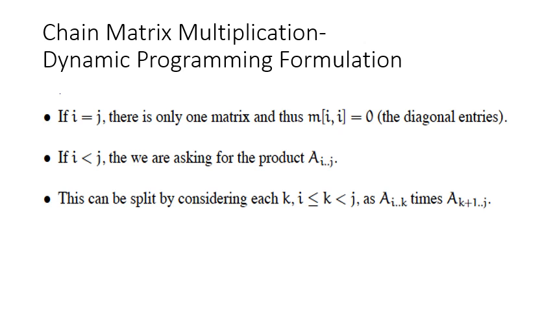The point to note here is that we are varying the value of k from i to less than j, meaning this identity would result in a number of equations, and from among them we select the value which produces the minimum.